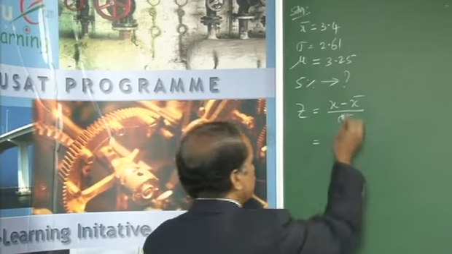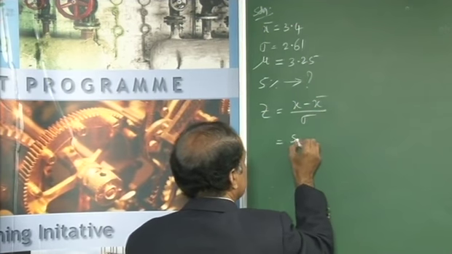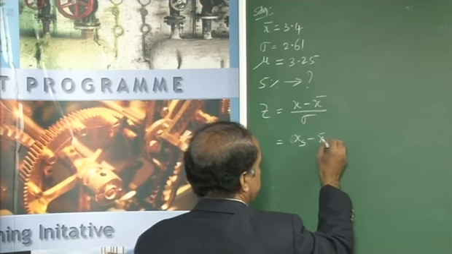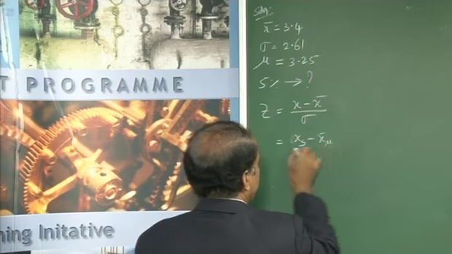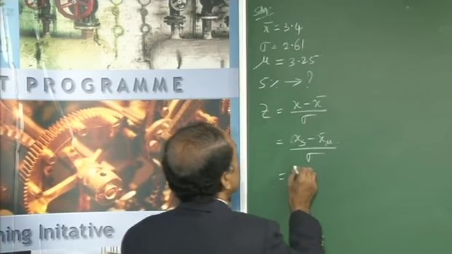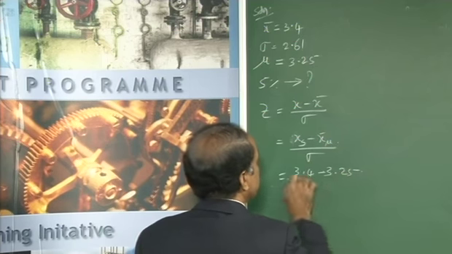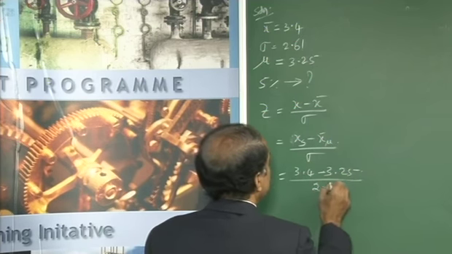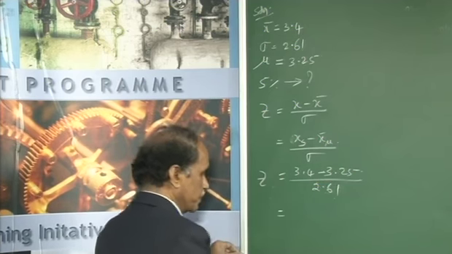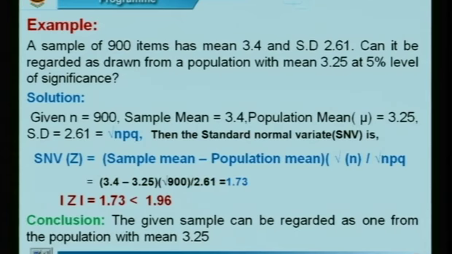Any notation you can use. That means z equals (3.4 minus 3.25) divided by 2.61. Then the value of z comes to be 1.73.